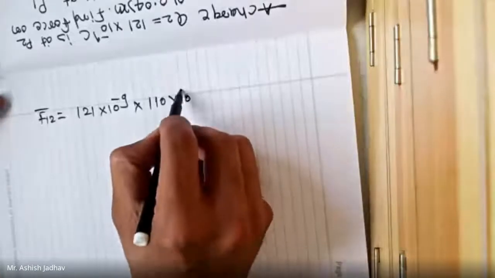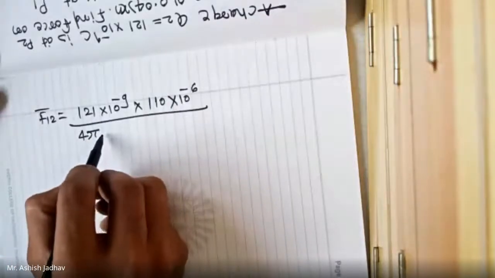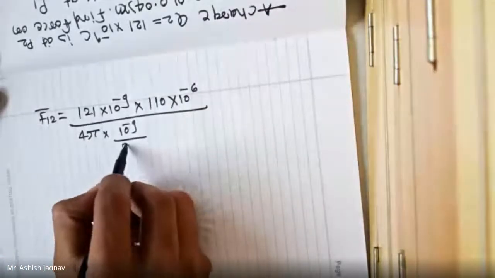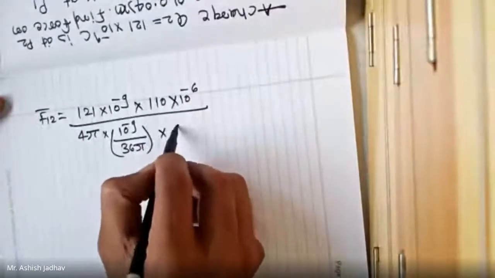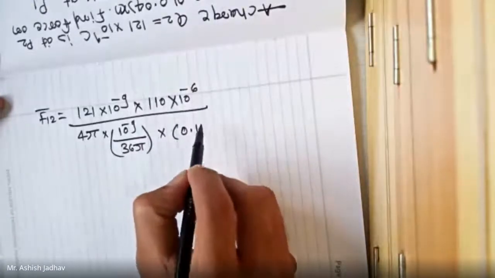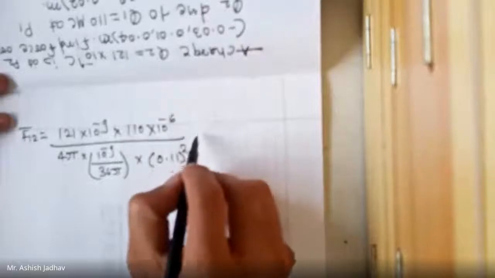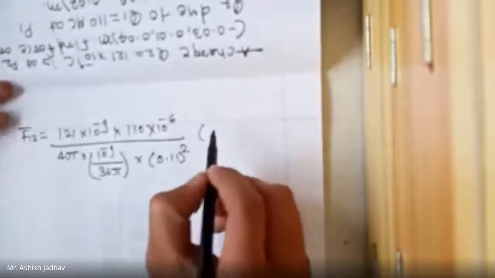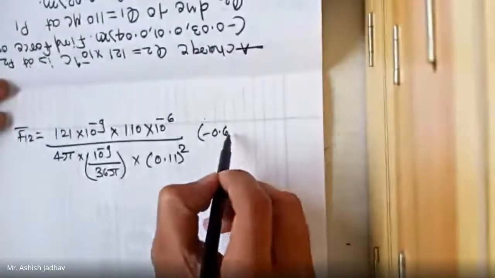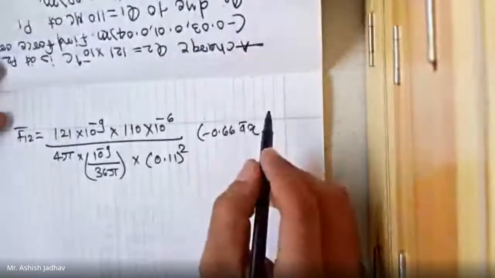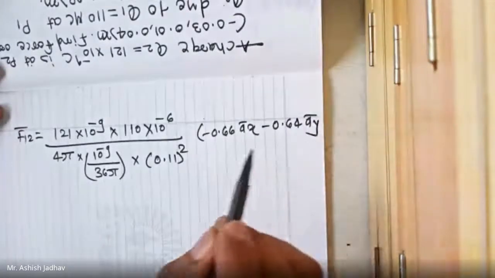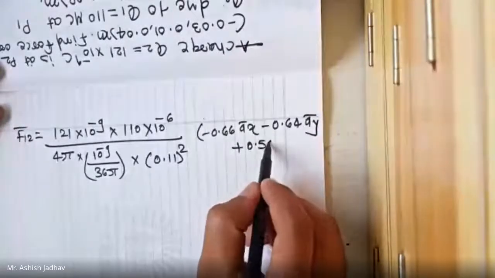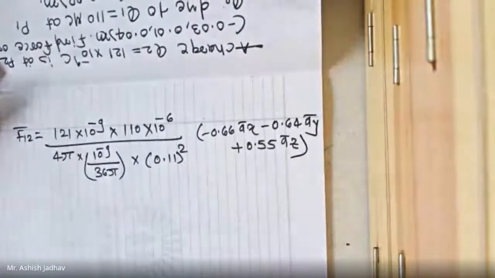So this is 10 raised to minus 6 divided by 4 pi into 10 raised to minus 9 upon 36 pi into the magnitude, 0.11 bracket square, into A bar R12, which is minus 0.66 a bar x minus 0.64 a bar y plus 0.55 a bar z, right?